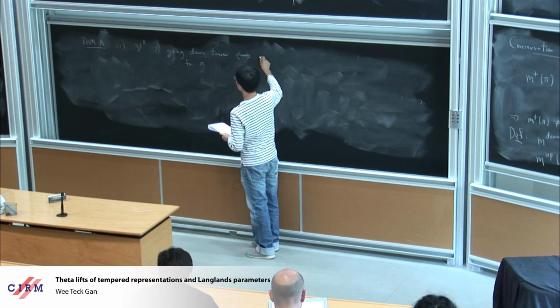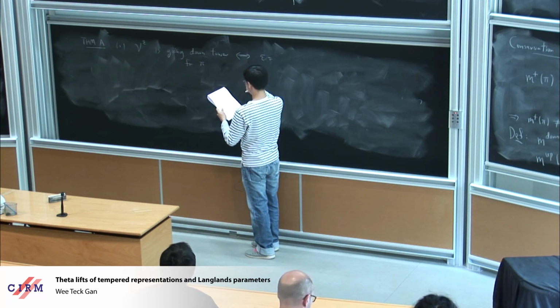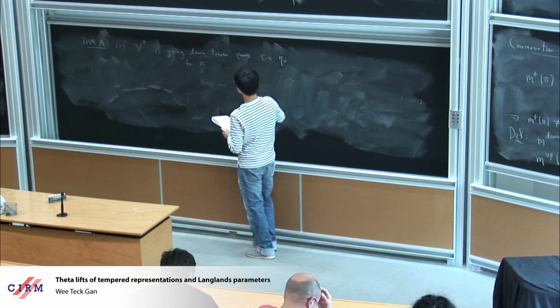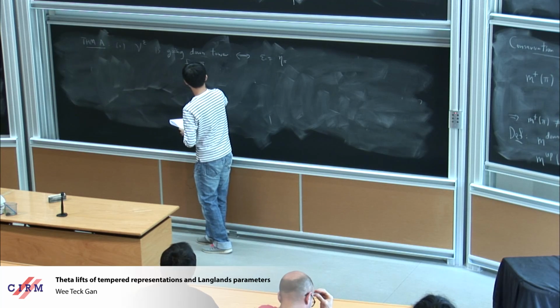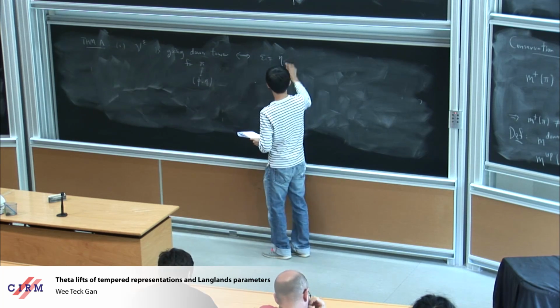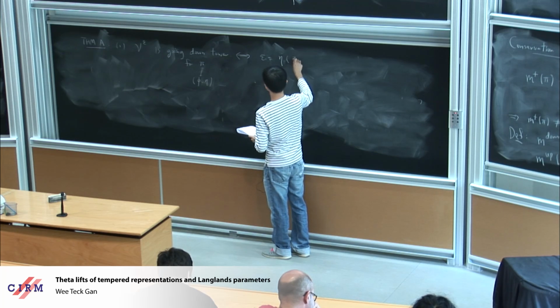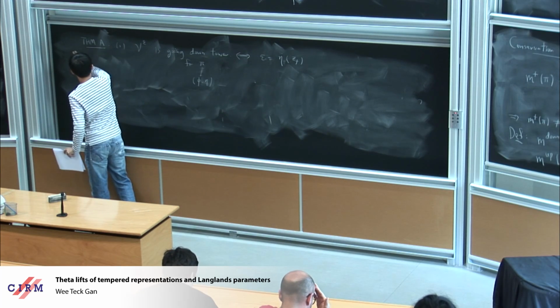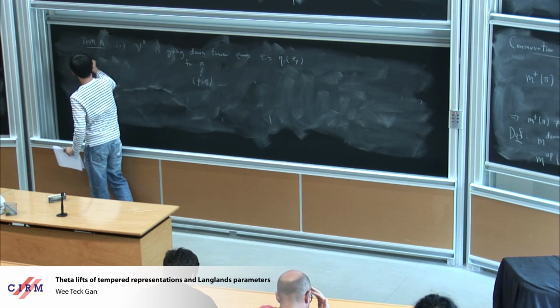Epsilon is just eta_pi. So maybe I say pi has this name, of phi. As I said, I'm just going to formulate the theorems for pi a discrete series.